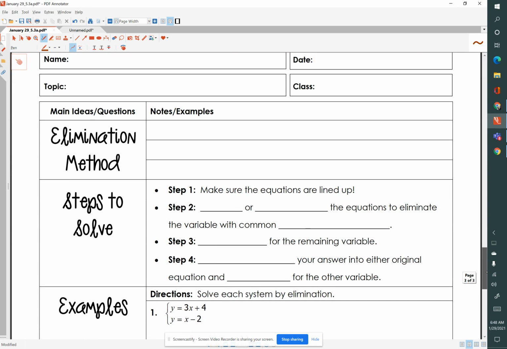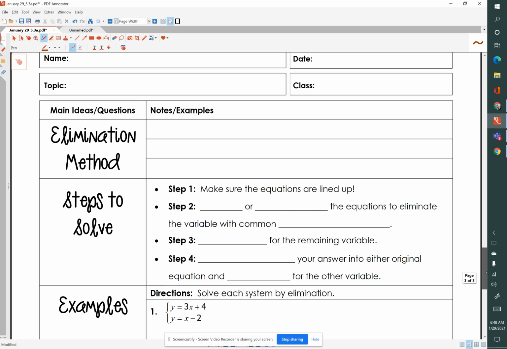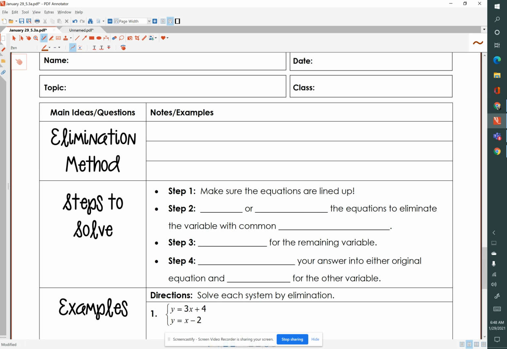Okay, so first of all, what are we doing? What is this elimination method? It is a method for solving systems of equations by adding or subtracting to eliminate a variable.